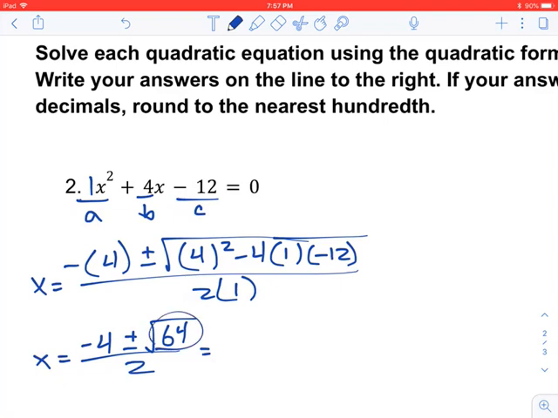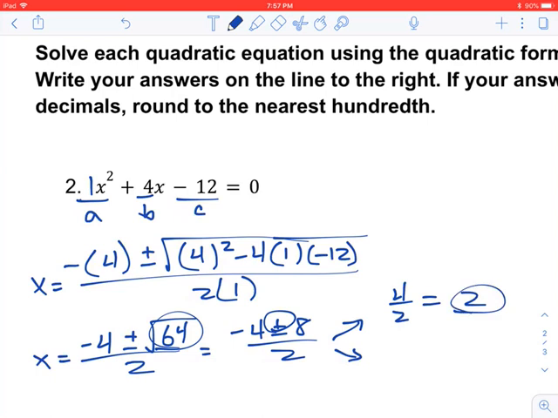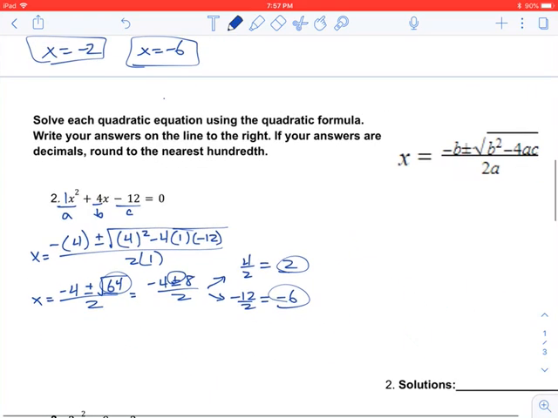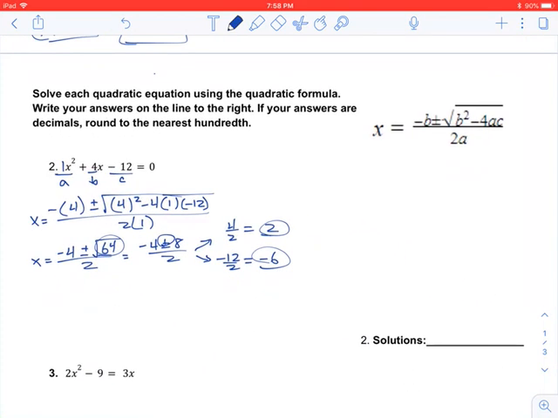I know the square root of 64 is 8, so negative 4 plus or minus 8 divided by 2, and that's when I split. So negative 4 plus 8 is 4, and negative 4 minus 8 is negative 12. And that gives me my two answers, 2 and negative 6.